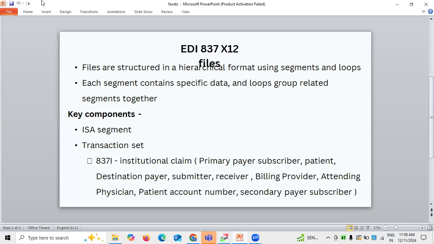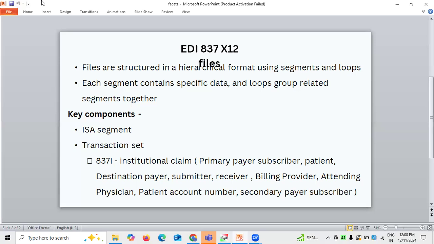Next, the patient account number, including details like the date of admission, statement period dates, or place of services, followed by the occurrence codes and dates we are using. Either procedure or diagnosis, whatever we have done for a patient while providing the treatment, whatever code numbers we have used, for example X-ray scanning, there are different code numbers.